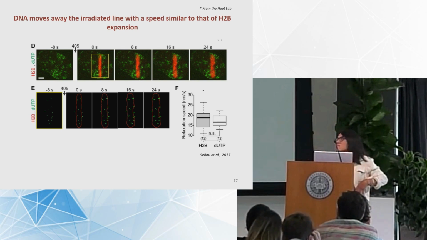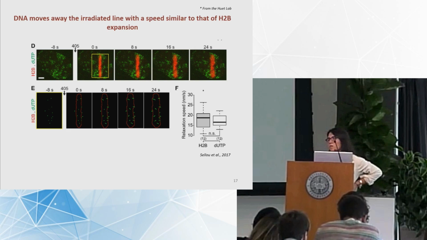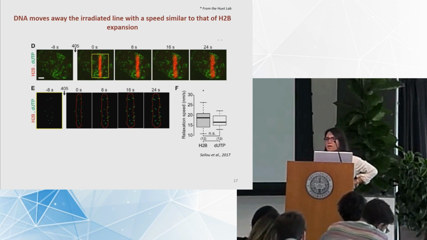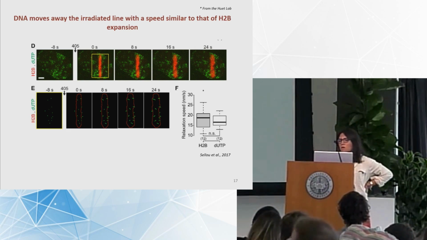So it means that there is no histone release. And from our SPT data, we have a similar number of traces inside the irradiated region before and after. So we don't believe that it is a real release.